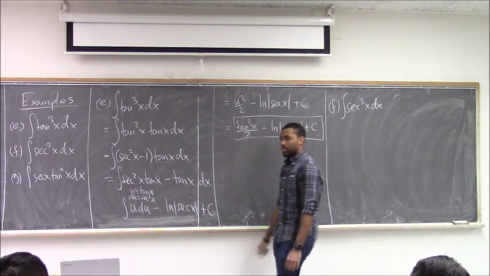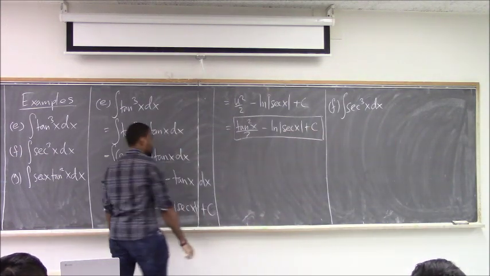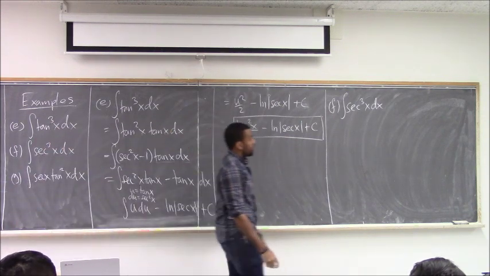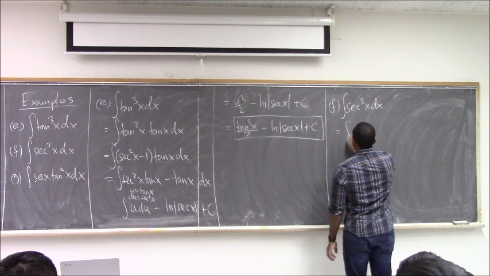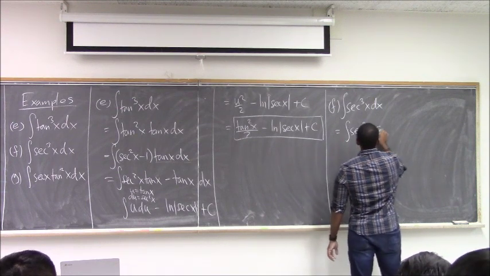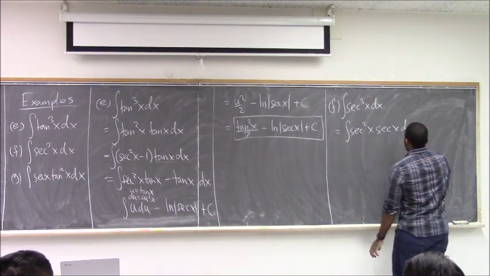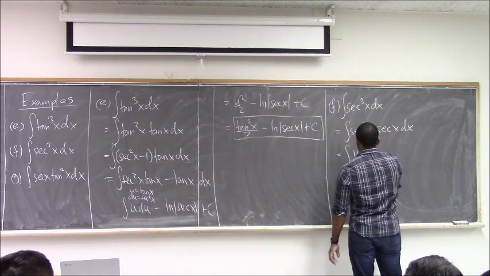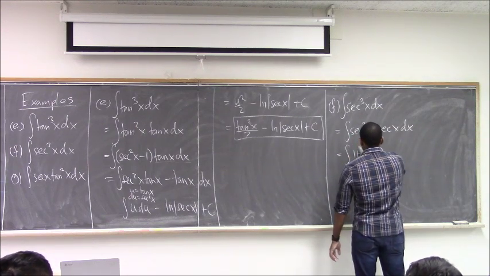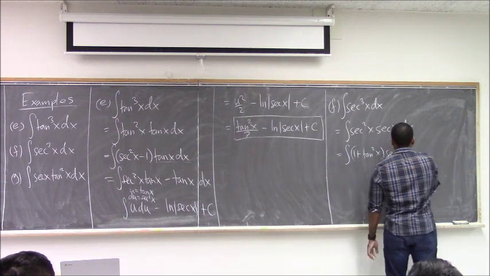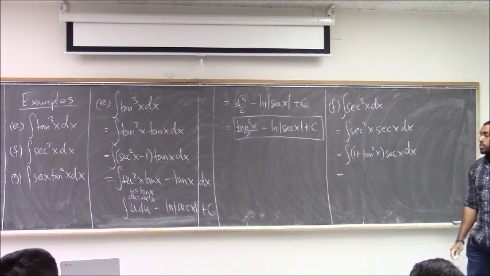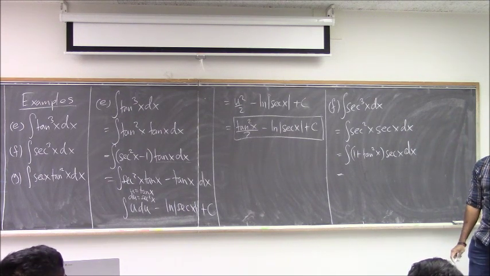Ideas? I guess you could approach it the same way, like split up secant squared, and then secant squared is going to be 1 plus tangent squared. Distribute it.